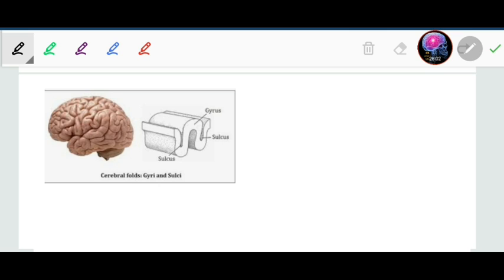Now after the detailed discussion about the variation of the sulci, next let's talk a bit about the gyri. The gyri consist of a central core of white matter.